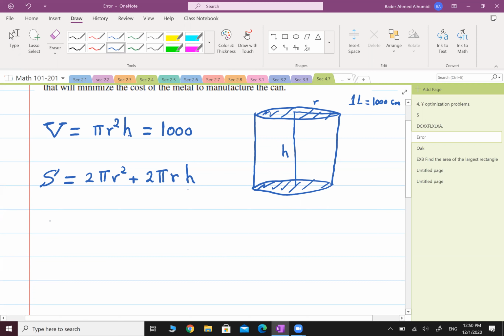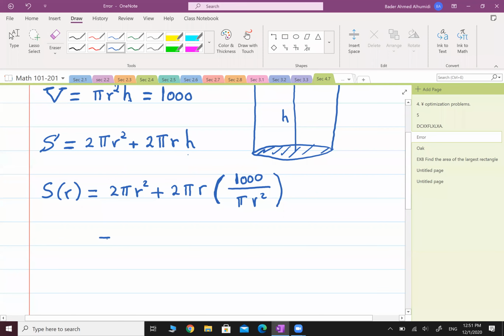If you allow me, I will now rewrite it in terms of r and stop here. It is 2πr² plus 2πrh. What is h? It is 1000 divided by πr².